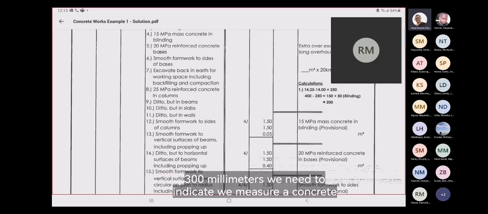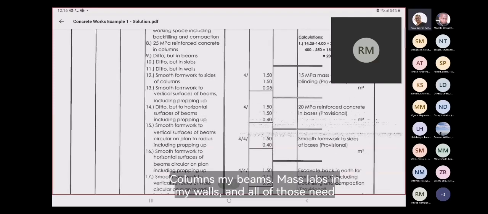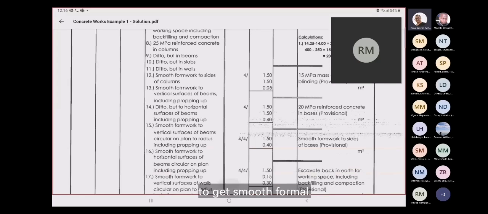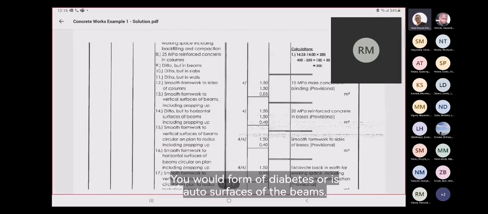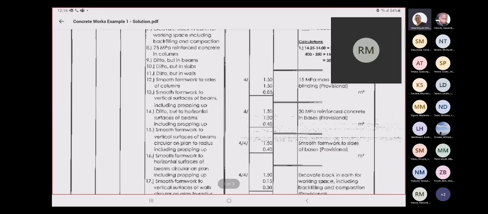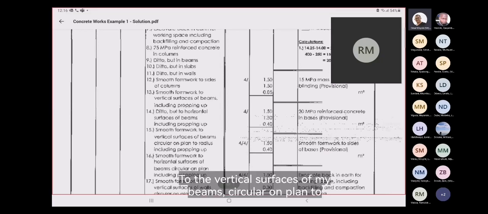We measure the concrete in our reinforced concrete columns, my beams, my slabs, in my walls, and then all of those need to get smooth formwork. Smooth formwork to the horizontal surfaces of the beams, to the vertical surfaces of my beams, circular on plan, to radius, including propping up.